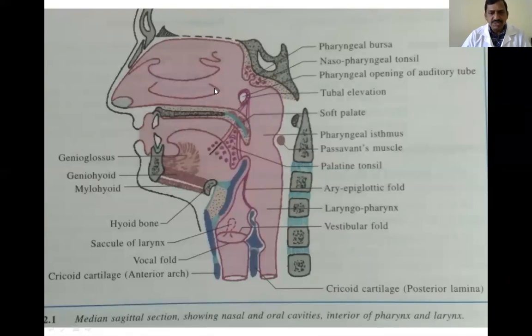Next, coming to here, this is the hard palate, and this is the soft palate. Above the soft palate is the nasal cavity, and below the palate is the oral cavity. From the soft palate also there are two folds.